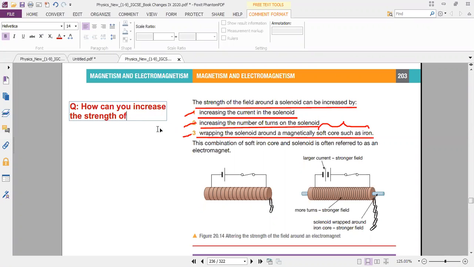How can you increase the strength of the field around a solenoid? So there are 3 ways: increasing the current to the solenoid, increasing the number of turns of the coil, and wrapping the solenoid around a magnetically soft material such as iron.